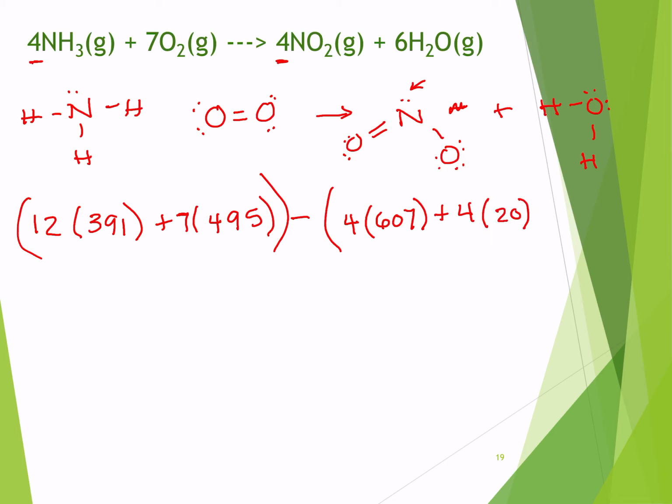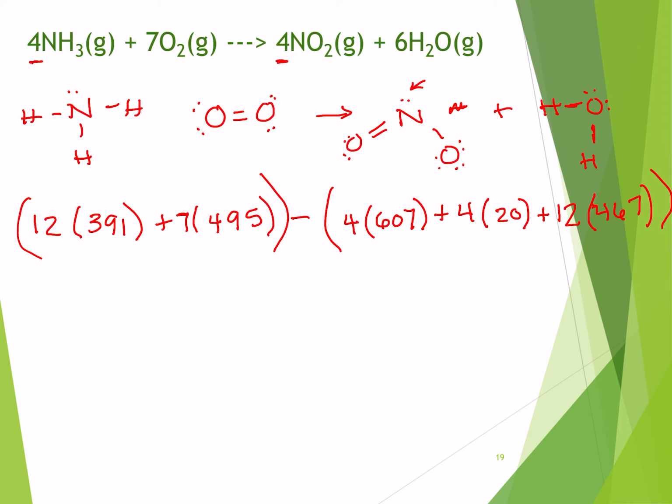And then we are going to break 6 waters. And in each water, I know it's kind of drawn, it's hard to see. In each water, we have 2 oxygen-hydrogen single bonds. So total, we are going to break 12 oxygen-hydrogen single bonds. So that value, we get 467.